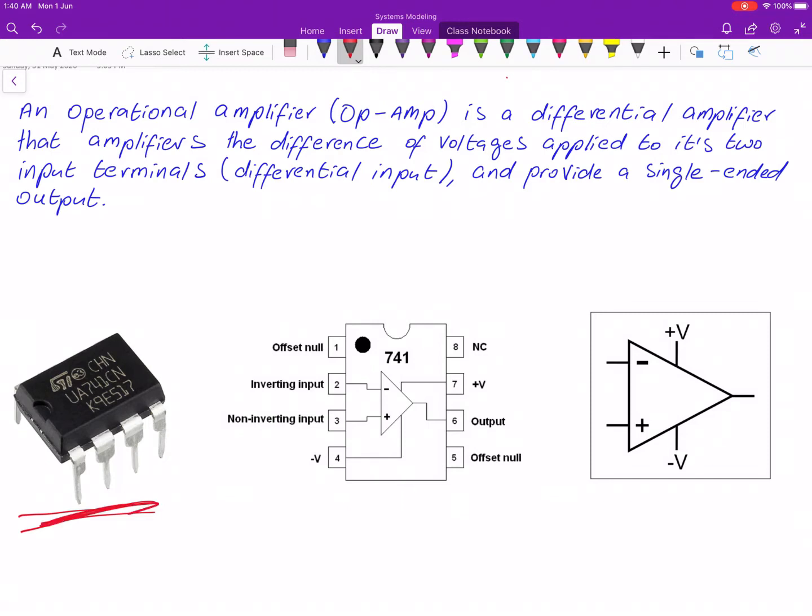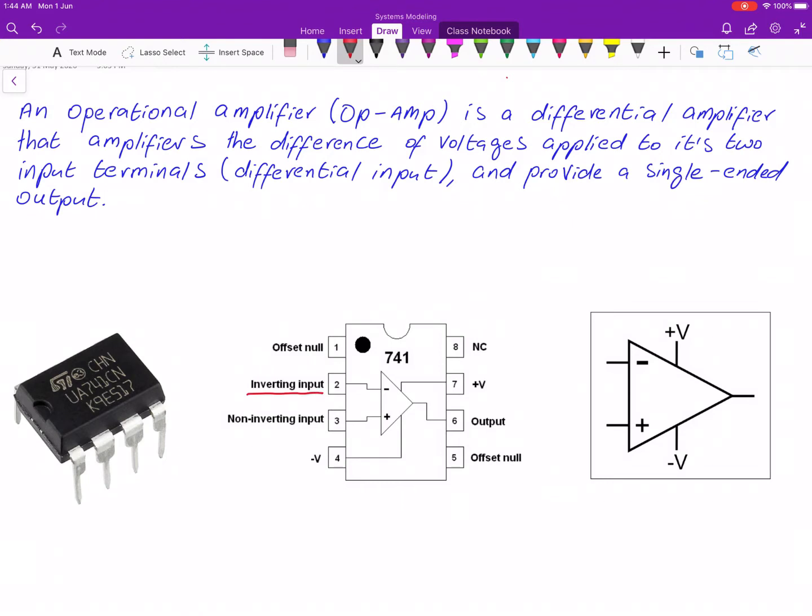So now, there are different types of operational amplifiers, and the one we are going to look at is the 741. Now, pin 1, the offset null. In a nutshell, it's used to reduce the small DC offset that may be present at the output.